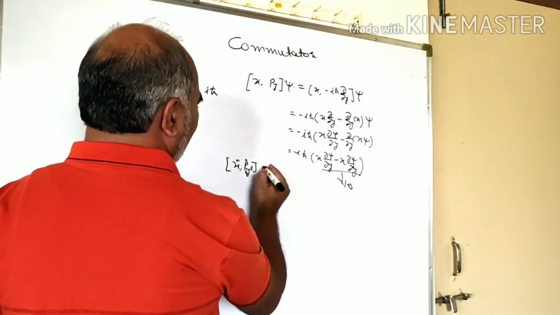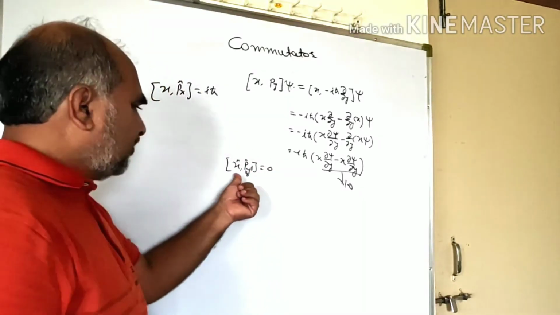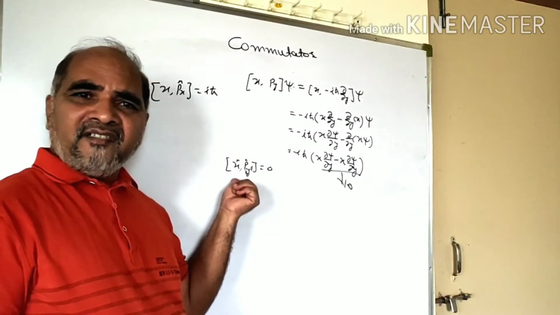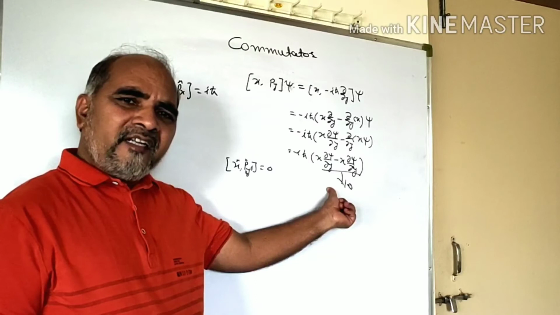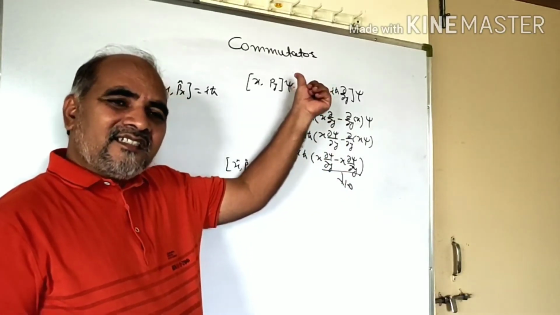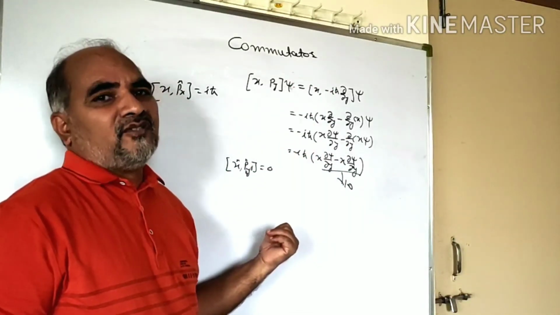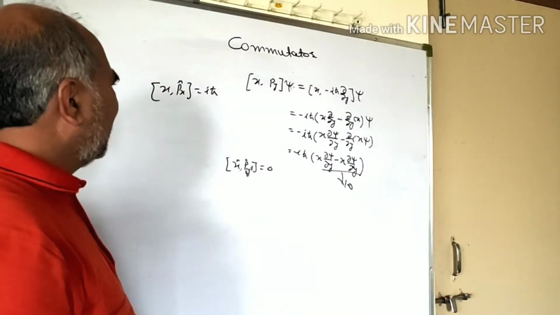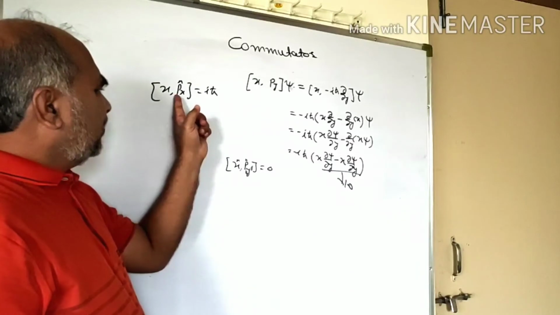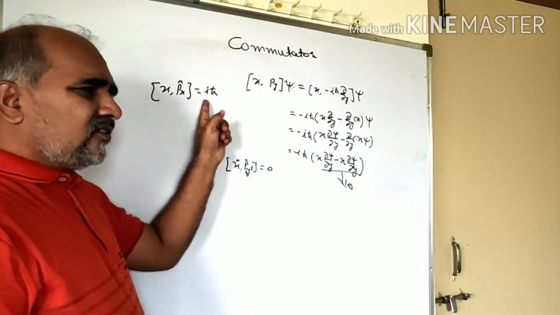It means whenever we are talking about the measurement along one axis and its momentum along another axis, then its commutator is equal to 0. Alternatively, [x, px] is equal to iℏ.